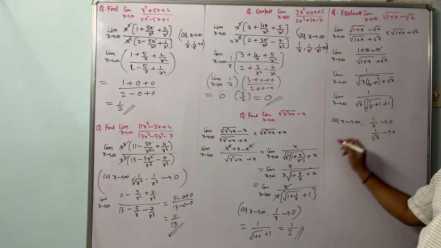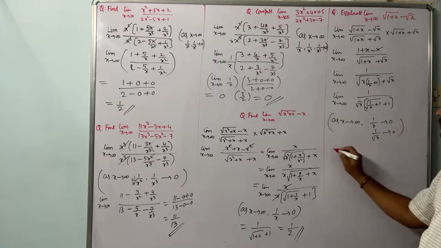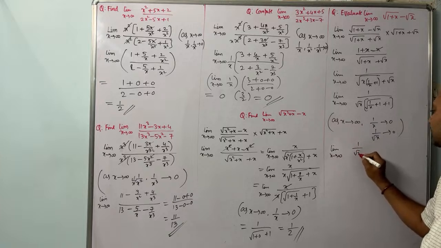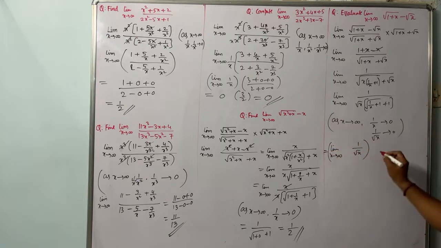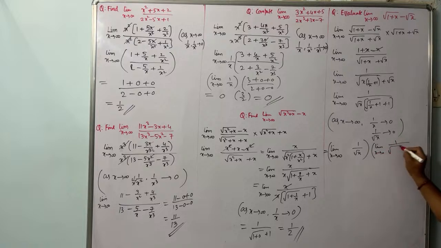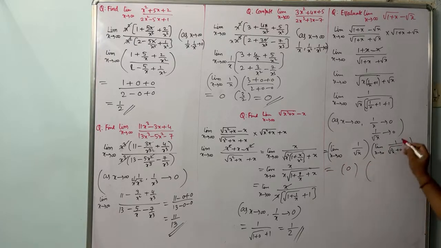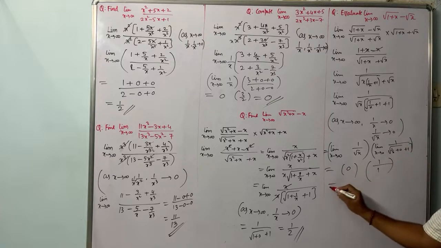So we can write limit x tends to infinity, 1 by root x, into limit x tends to infinity, 1 by root 1 by x plus 0 plus 1. So anyway this value goes to be 0. So 1 by this value 0 plus 1. So 0 into anything is 0.